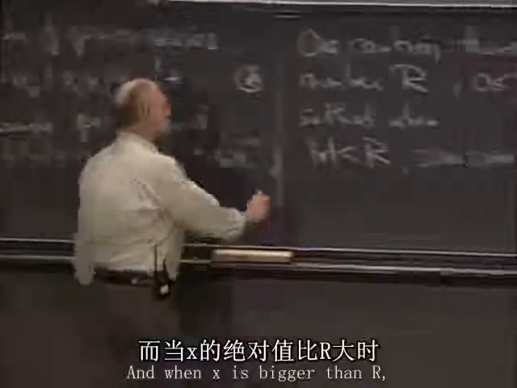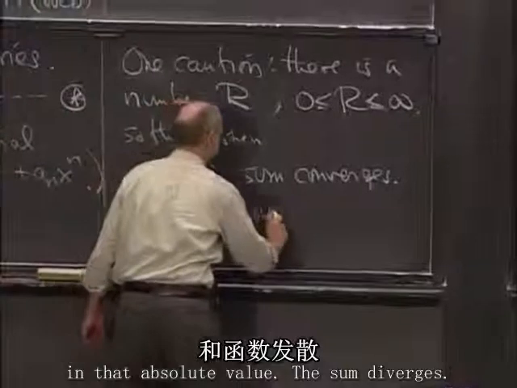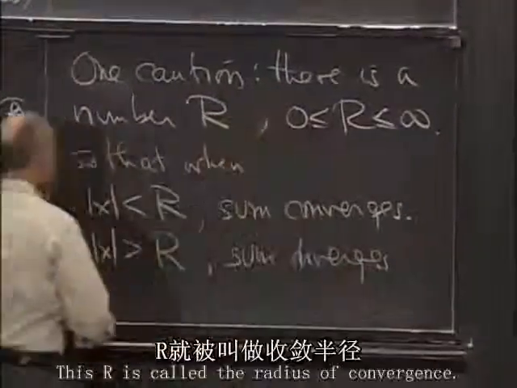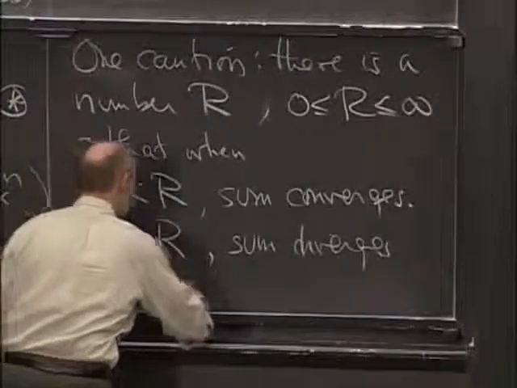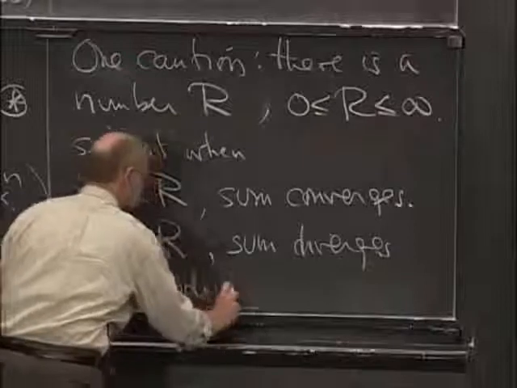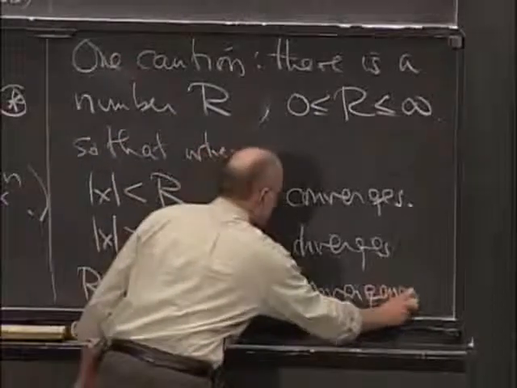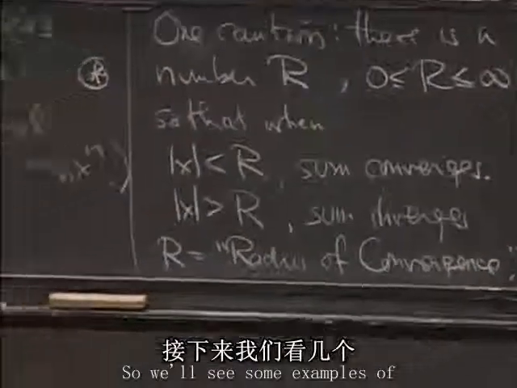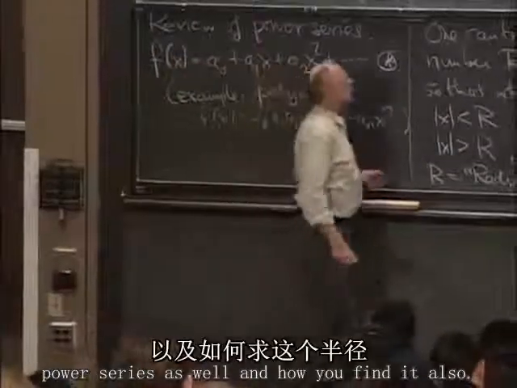And when x is bigger than r in absolute value, the sum diverges. This r is called the radius of convergence. So we'll see some examples of what the radius of convergence is in various power series as well, and how you find it also.